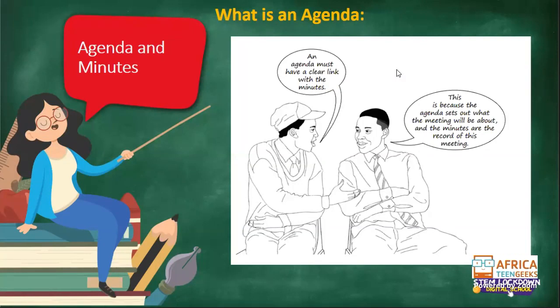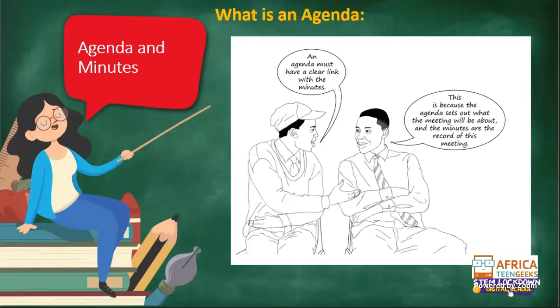Let's go back and quickly recap. An agenda must have a clear link with the minutes. This is because the agenda sets out what the meeting will be about, and the minutes are the record of this meeting. I'm glad you caught on really quickly, Vicky.